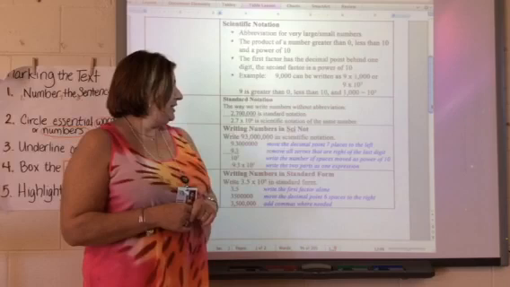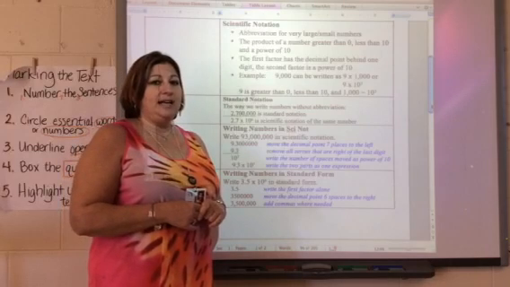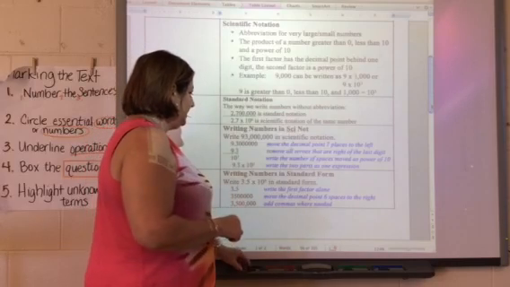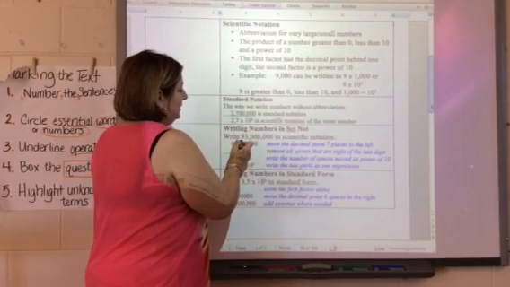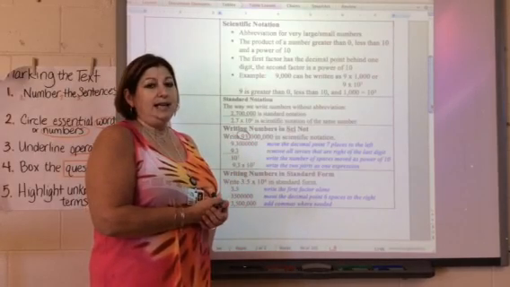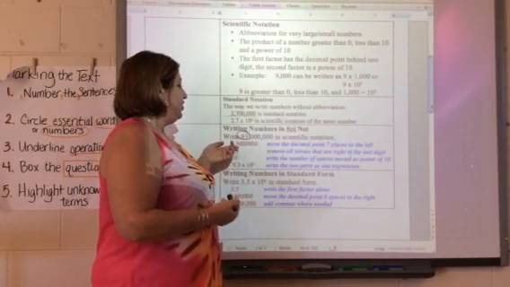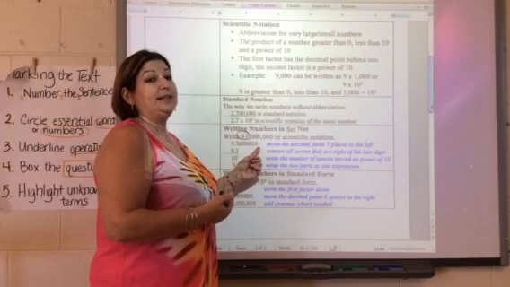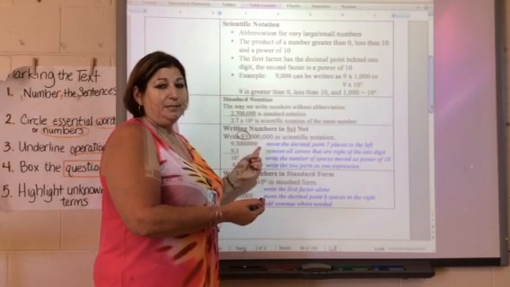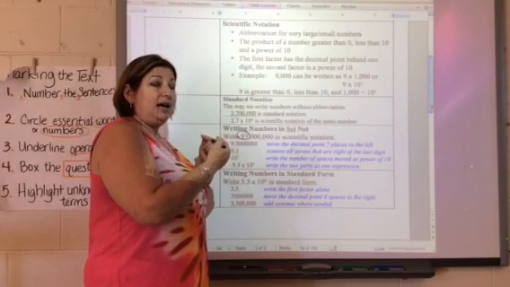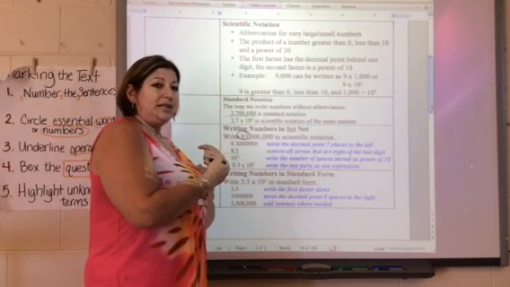If I had 93 million and I wanted to write that in scientific notation, what I'm going to do is take the whole numbers, or the natural numbers in that number, and write that down, but I'm going to move the decimal point that is always at the end of every number. I'm going to move that until the decimal point is behind the first whole number.